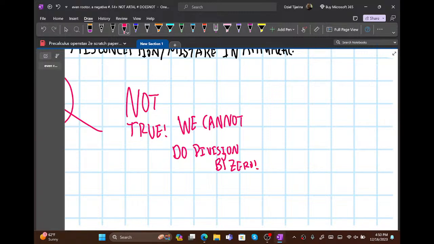A lot of people make that mistake. It is the most common mistake in algebra. We must remember, guys, it is not allowed in the rules of math. We do not do division by 0. Absolutely not. We have to remember that.